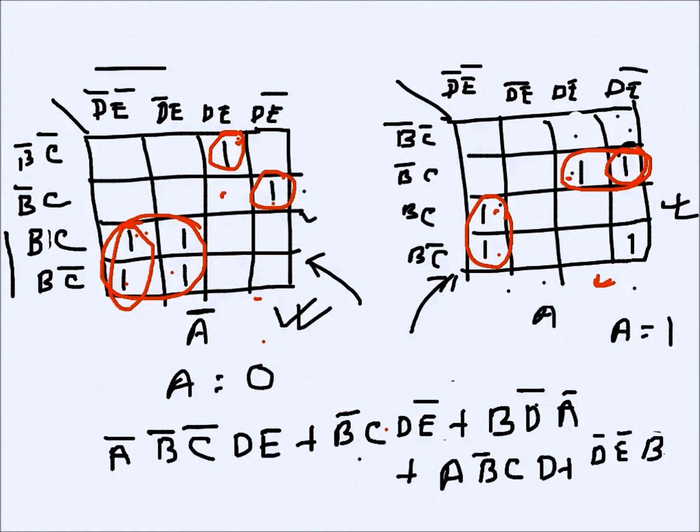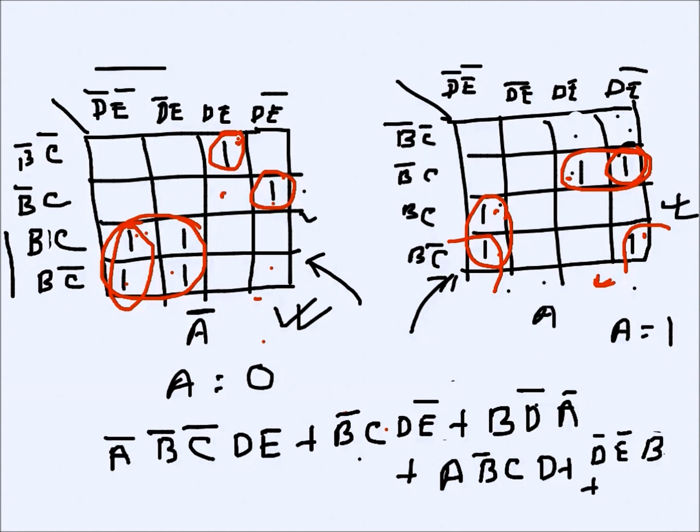So that's this one. For this last one, which is here, there is nothing here, so this one should go with just this one. So that will become the last one.